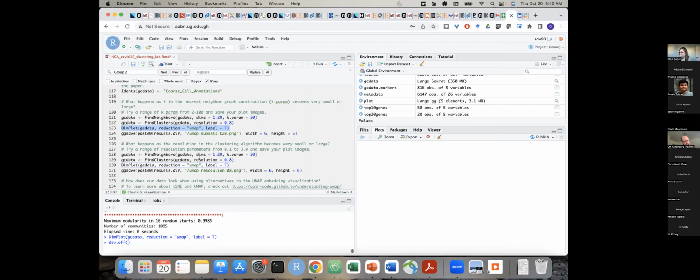Let me see. I don't think I have these. I don't know why, the plots are not showing. Maybe I can try saving it. Sometimes if I just save it, it might fix it. I don't know if the graphics device is just not cooperating.